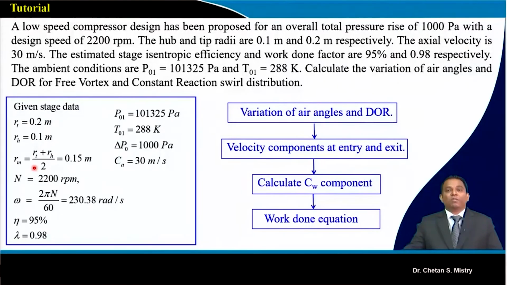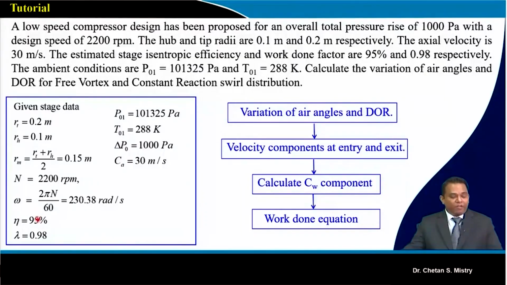So this is the numerical. We can say what data is given. We know my tip radius is 0.2 meter. Hub radius is 0.1 meter. You can calculate my mid radius, which is 0.15 meter. We have our rotational speed as 2200 rpm. This is a low speed compressor.